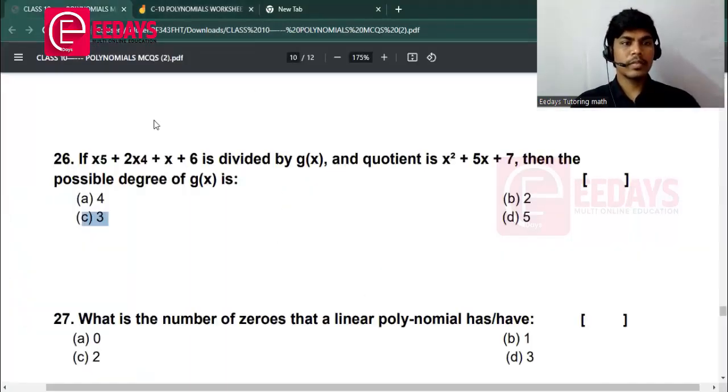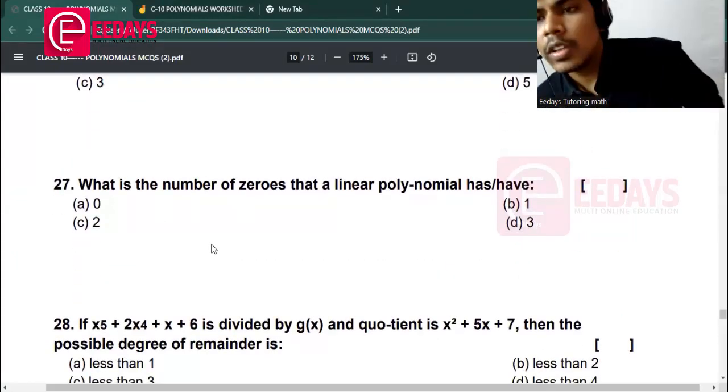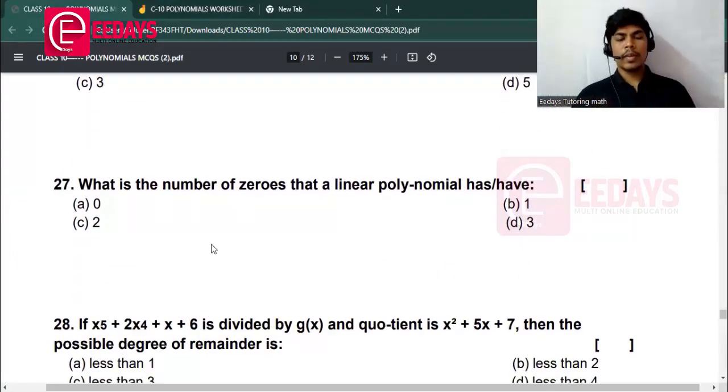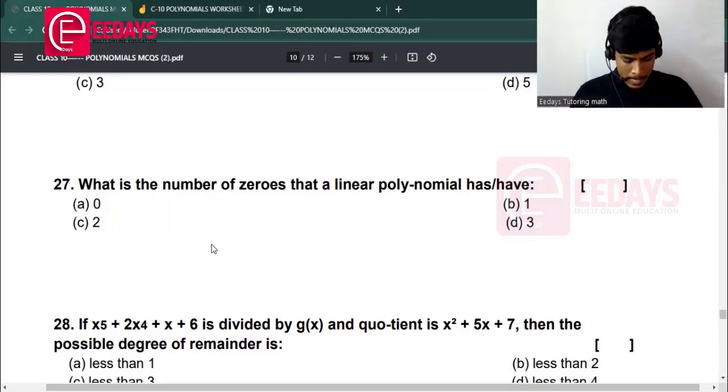Next, 27. What is the number of zeros that a linear polynomial has? So first of all, what is the general form of a linear polynomial? General form or standard form of linear polynomial, anyone knows? Okay.